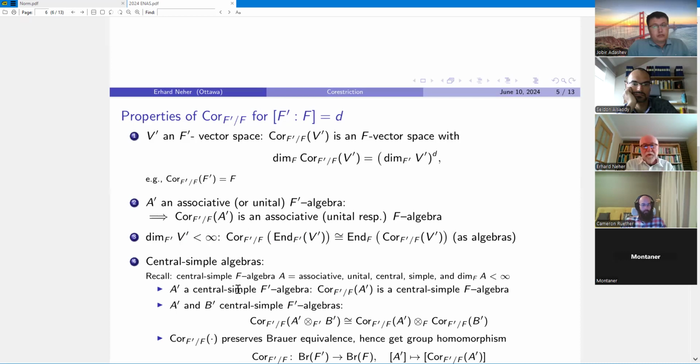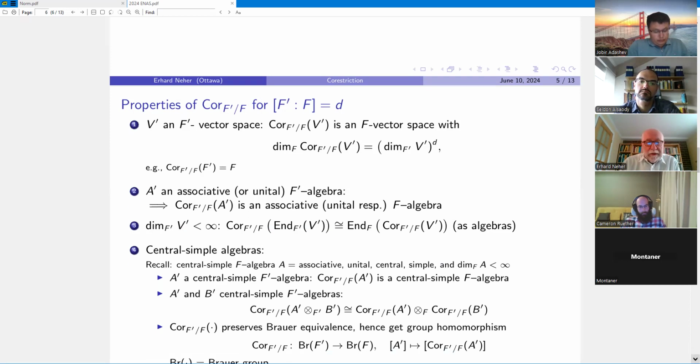So corestriction preserves central simple algebras. Corestriction preserves tensor products of central simple F prime algebras. And corestriction preserves Brauer equivalence. So we get a map from the Brauer group of F prime to the Brauer group of F by taking the corestriction.